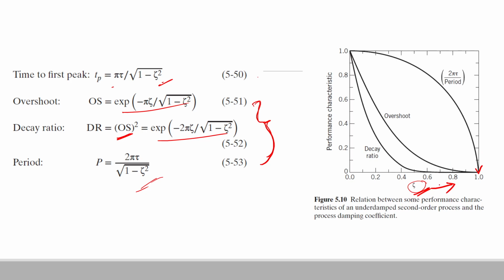Similarly, if we keep on increasing the damping coefficient, the overshoot ratio as well as the decay ratio will keep on decreasing. That is, as the system moves to zeta equal to 1, that is to a critically damped system, the overshoot will keep on decreasing.